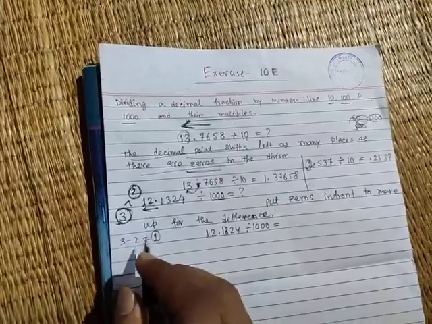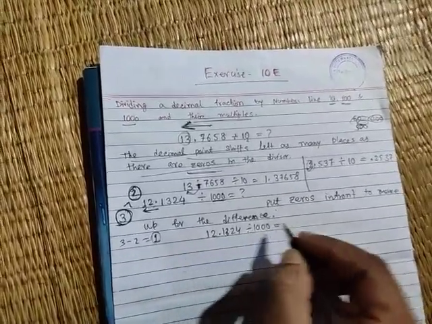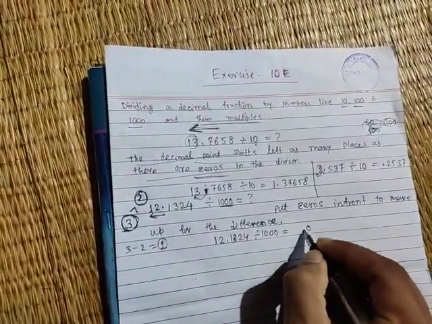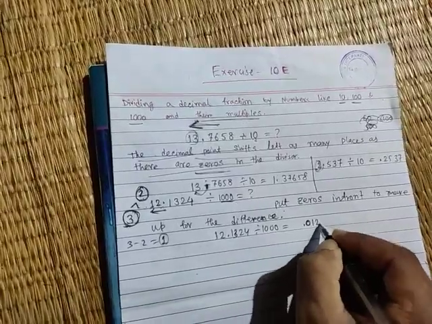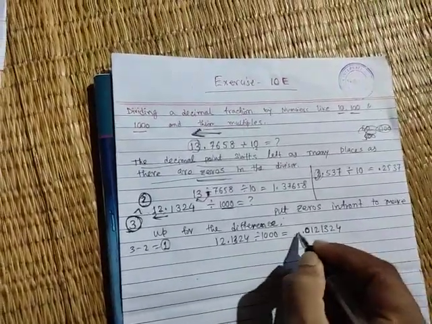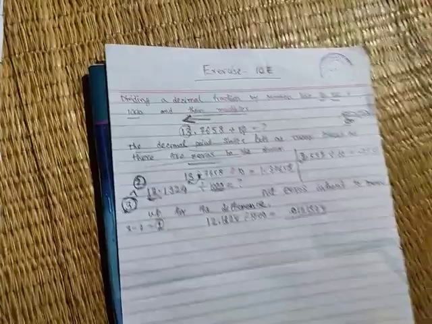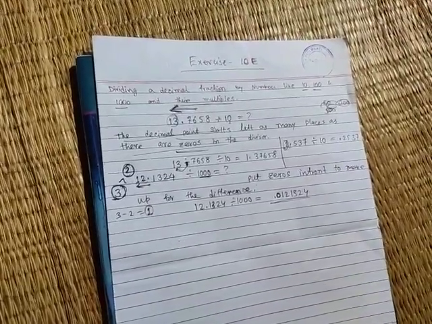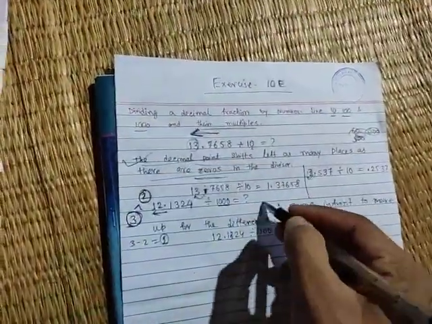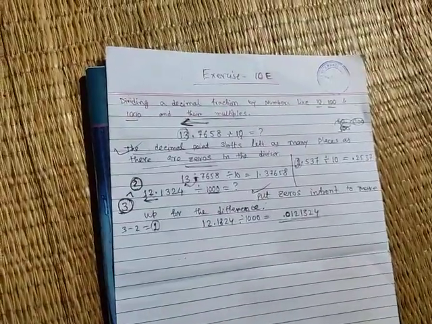Again I need one digit, so one 0 will come. So 0.0121324. This is the answer. Clear? If you understood this, you can do all the sums.